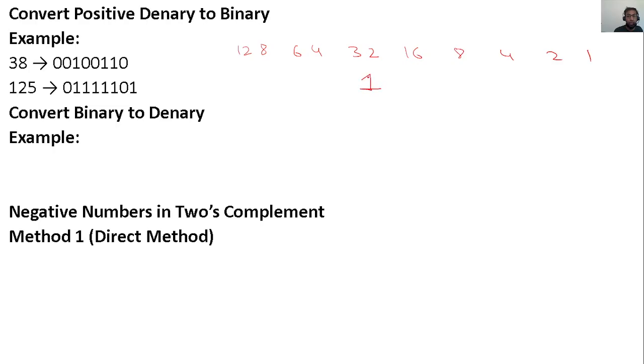Let's put 1 with it. Let's see another number close to it. 32 plus 16 becomes larger than this. 32 plus 8 is also larger than 38. 32 plus 4 is smaller, so we put 1 with it. That is 36. Now 36 plus 2 is 38. Now the number is equal, so we have found all the positions of the ones. Now we put zeros with the rest of the positions. So this is how we have represented 38 in binary.